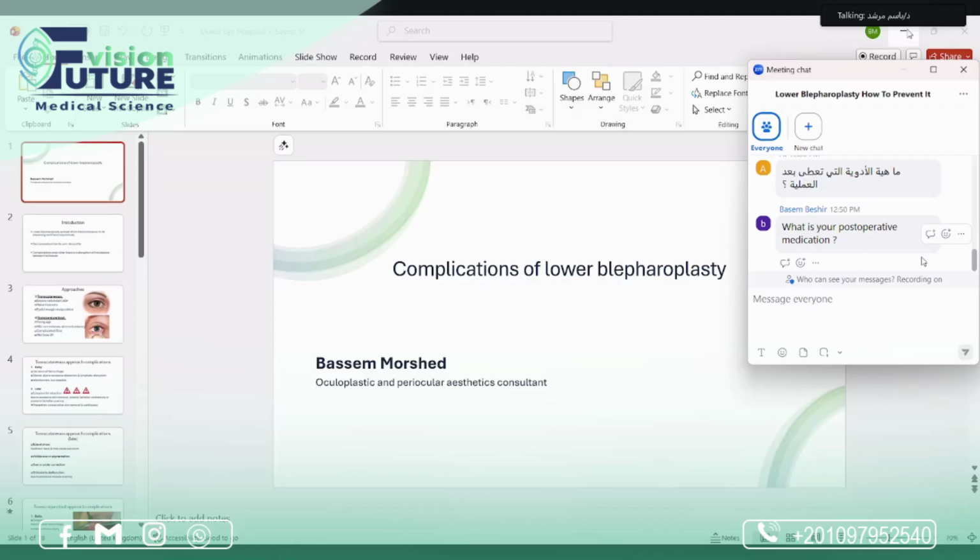So yes, this is the same question. The post-operative medications are in the form of oral antibiotics for 5 days. If there is any scar on the skin, we prescribe an ointment that is an antibiotic and steroid. Lubricant drops.